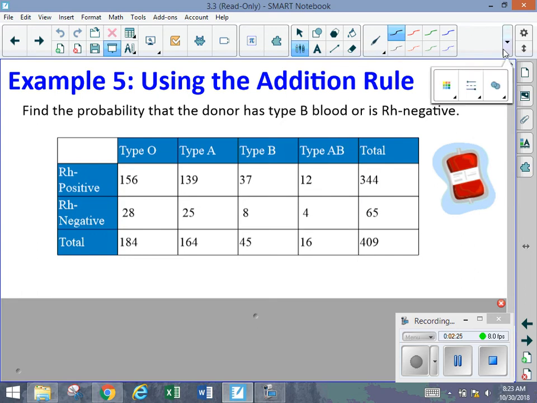So if we can find that on this table, then that will be the case. Rh negative and type B blood, there are 8 of those actually.